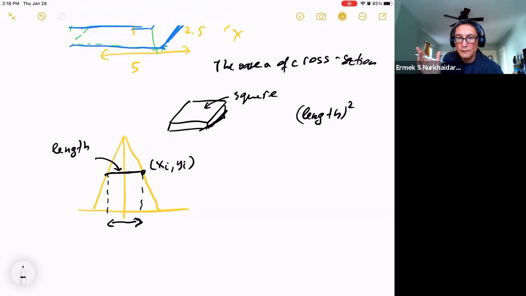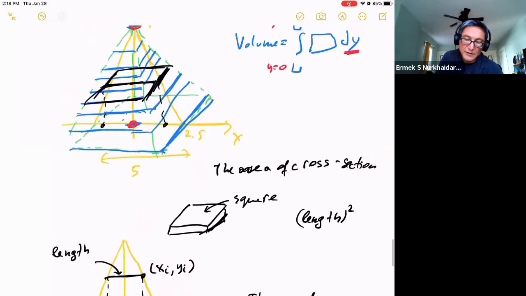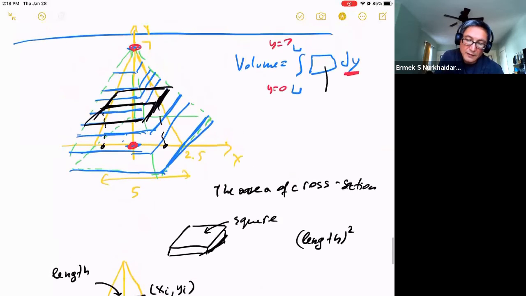So length equals 2x_i. So we conclude that the area of cross section is going to be (2x) squared. That was the only missing piece in our integral.